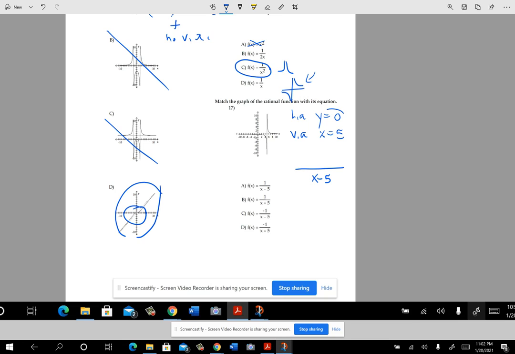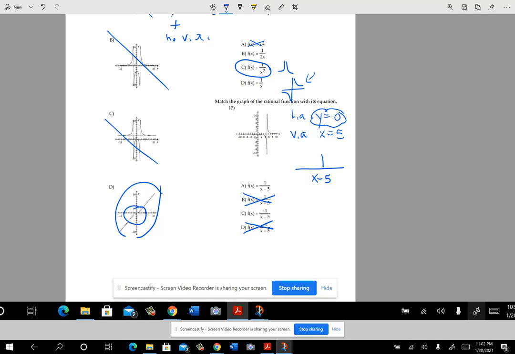Okay, and then the fact that the horizontal asymptote was y equals 0 means the degree on the top has to be smaller. Okay, so it can't be an x or anything like that. So first off, I know the denominator has to be x minus 5, so I can get rid of those. And then I just don't know whether this should be a 1 or a negative 1.